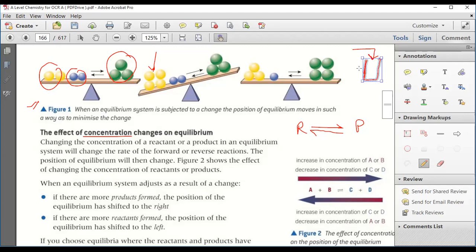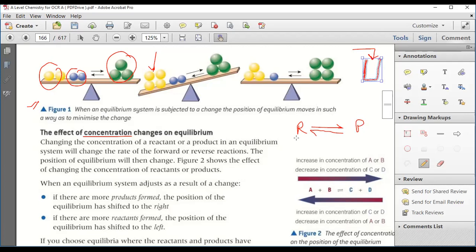The more sugar you add, the more will be the sweetness of this milk. It means the more reactant you add, the more product you get. This is the same. The more sugar you add, the more will be the sweetness. In the same way, the more reactant we have, the more will be the product.